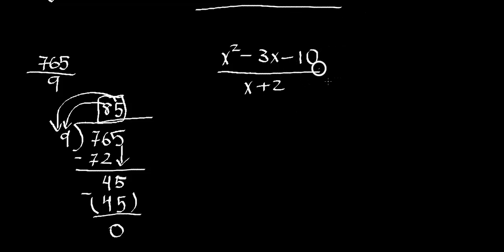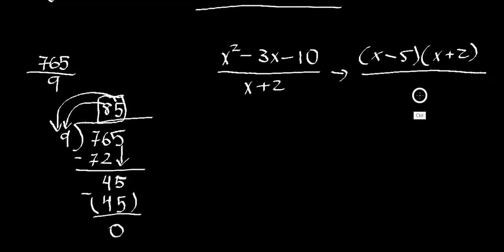But if you would factor this, you would simply get x minus 5 and x plus 2, right? That makes x squared minus 3x minus 10. And in our denominator, we have x plus 2. Same terms, same x plus 2, they cancel, and you're left with an x minus 5.